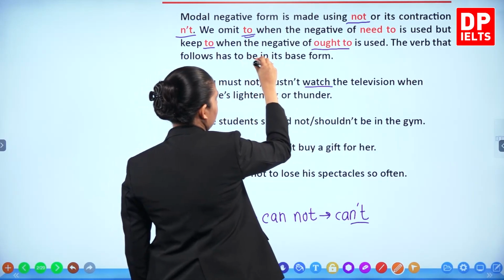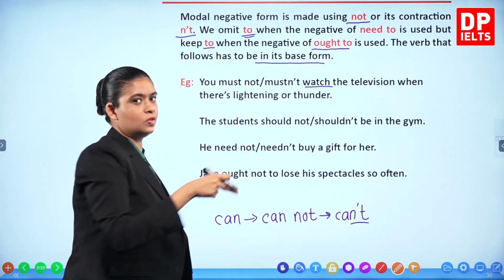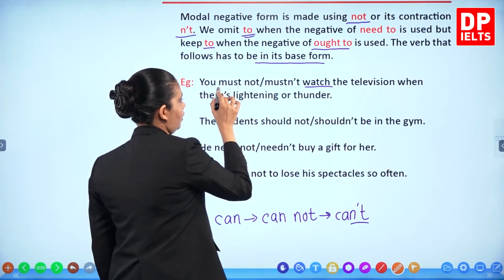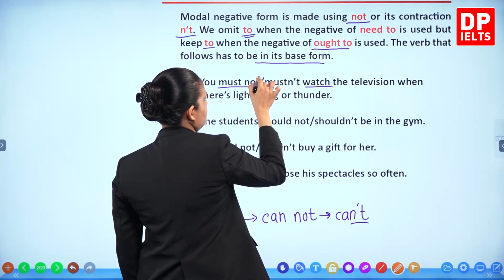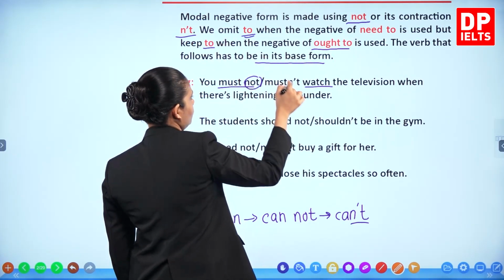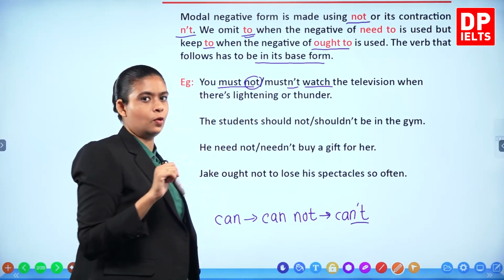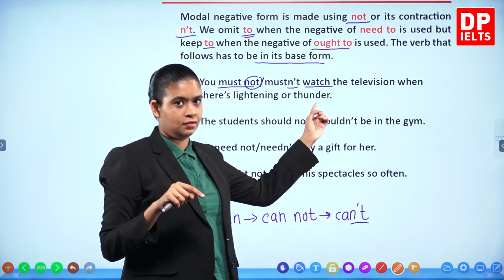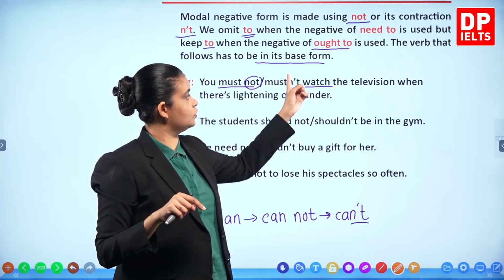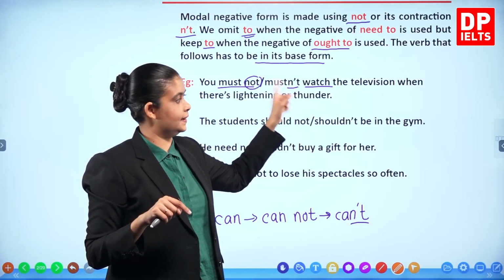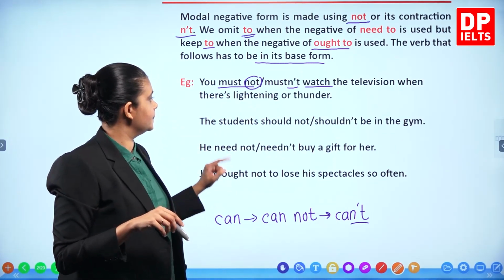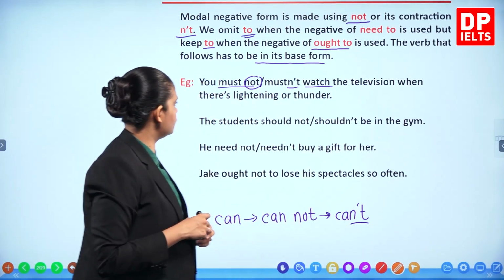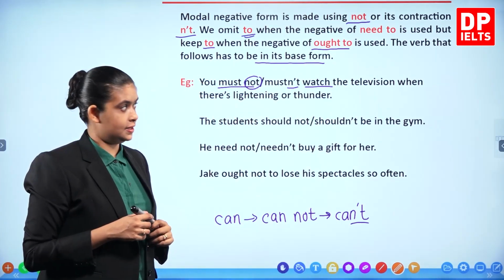This is what we mean by the verb that follows having to be in the base form. You can write must not using not, or you can use the contracted form. You mustn't or must not watch the television when there is lightning or thunder.